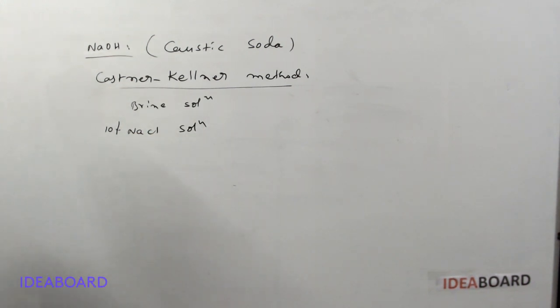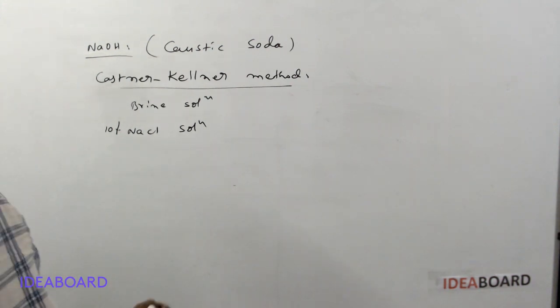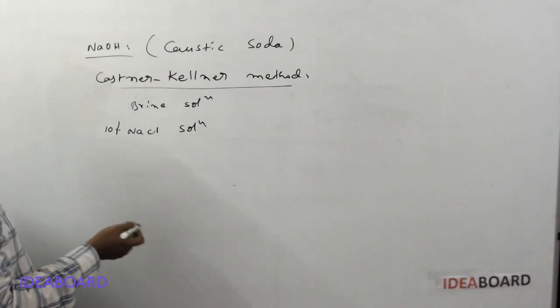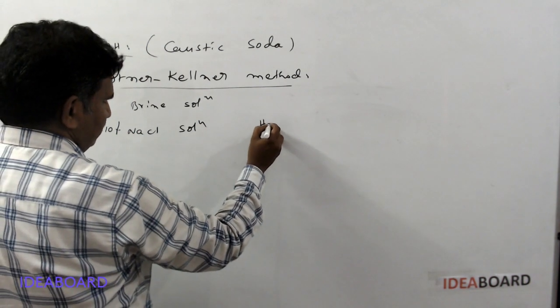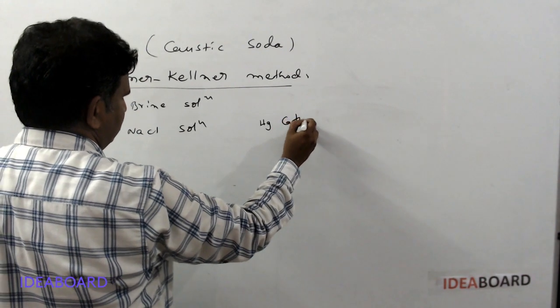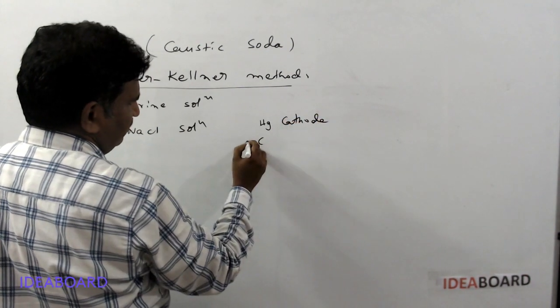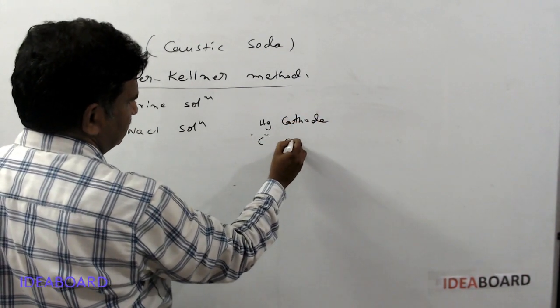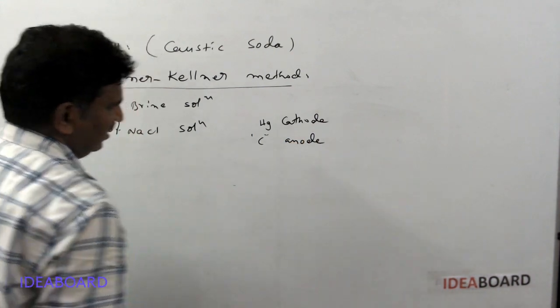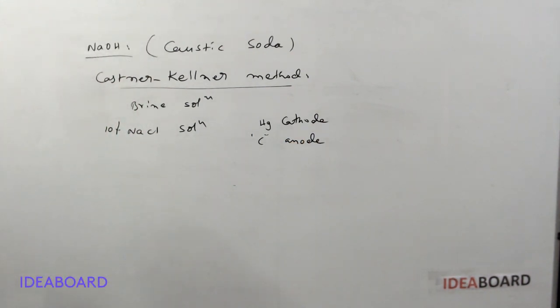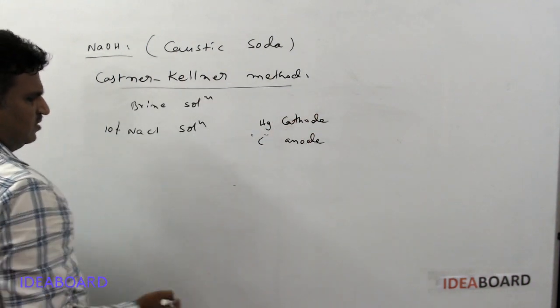This 10% NaCl solution is taken as an electrolyte, and here a mercury cathode is taken, and graphite rods or carbon rods are taken as anode. This is also called the mercury cathode method.